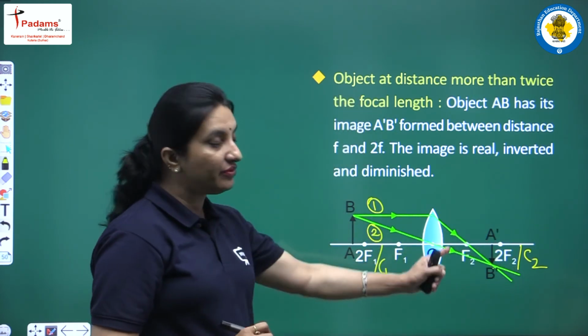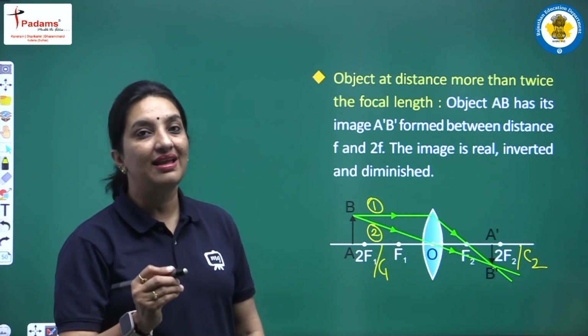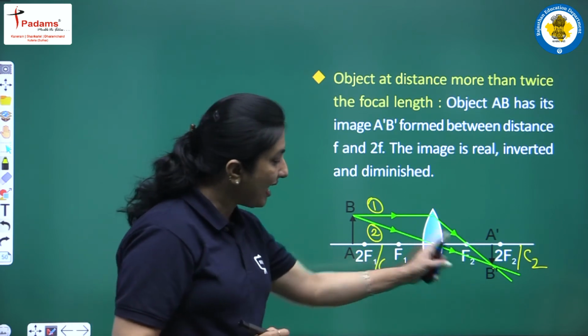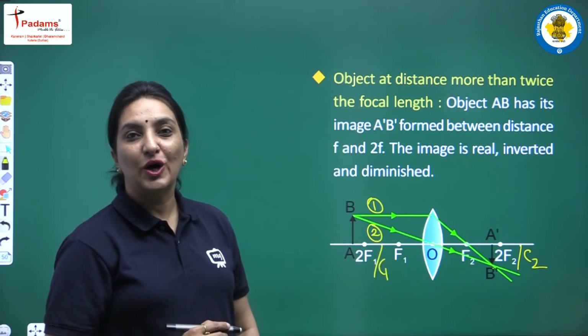So in this case we will have a real and inverted image, and the size of the image is again small as compared to the size of the object.